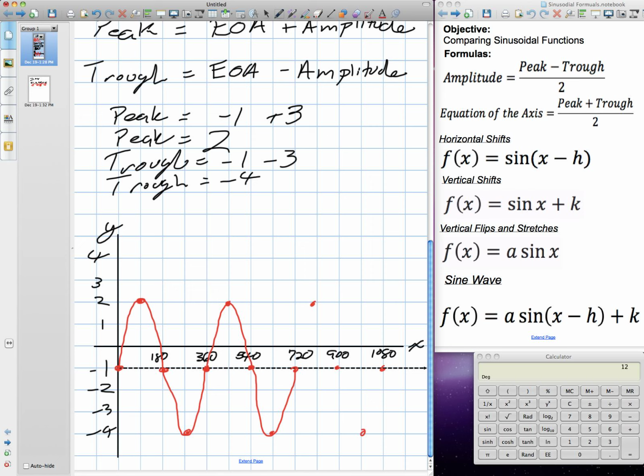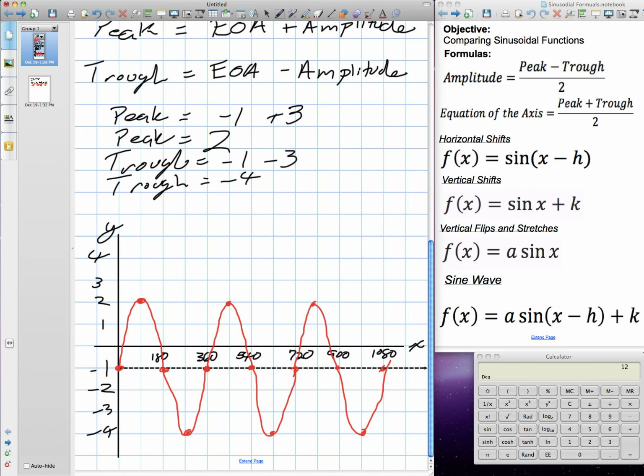And finally, exact same thing. So here is our 3 cycles of this sinusoidal function. We're going to break them all up so that it's a little easier to see. This was 1 period, 2 periods, 3 periods.